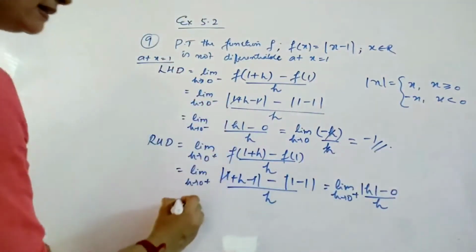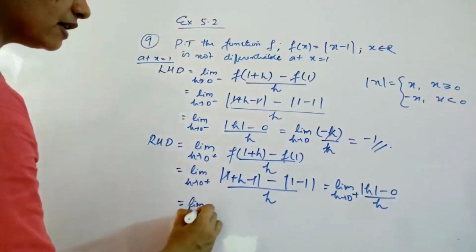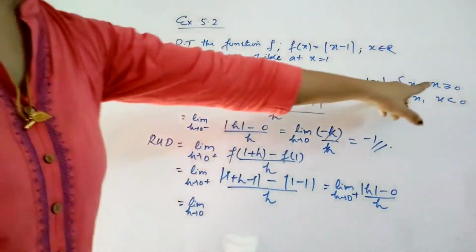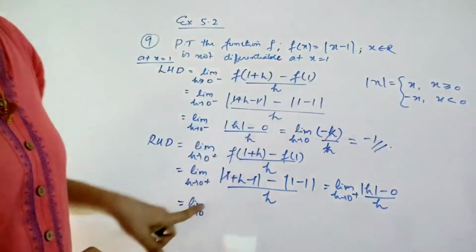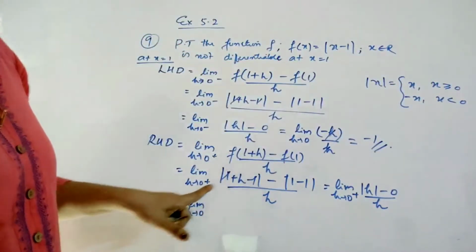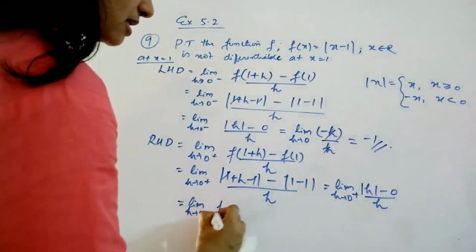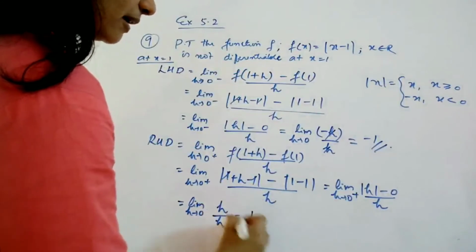When I am replacing the value of |h|, since it is coming from the right side of 0, the |h| value will be h according to the definition of modulus. So it is h by h, which is equal to 1.